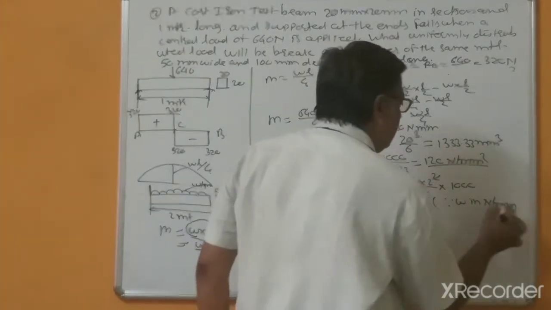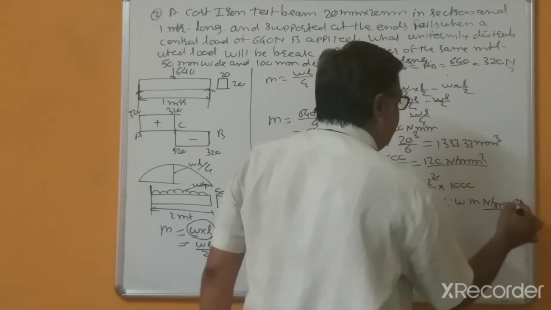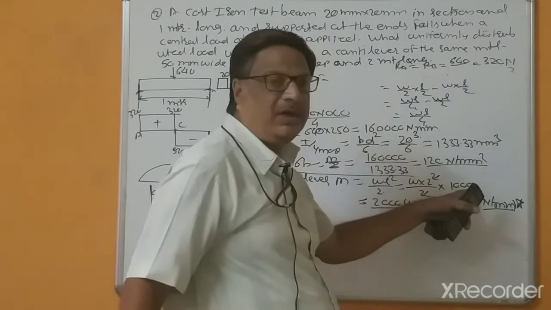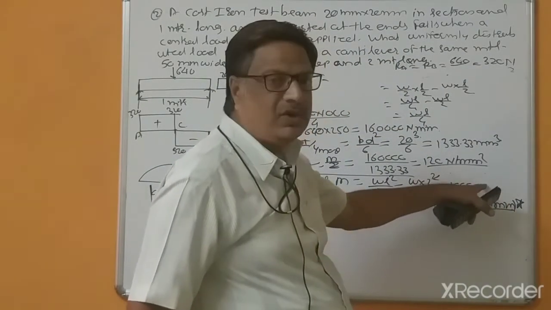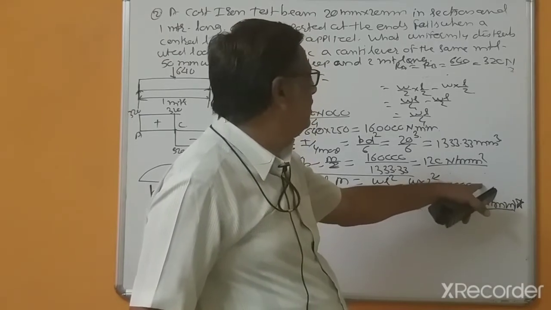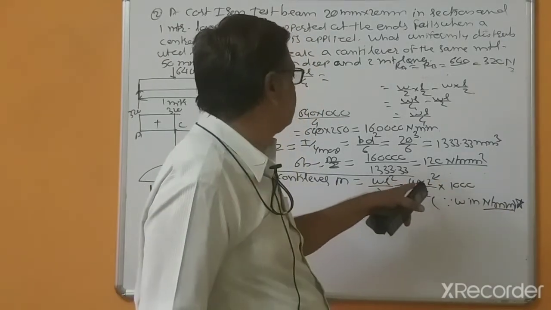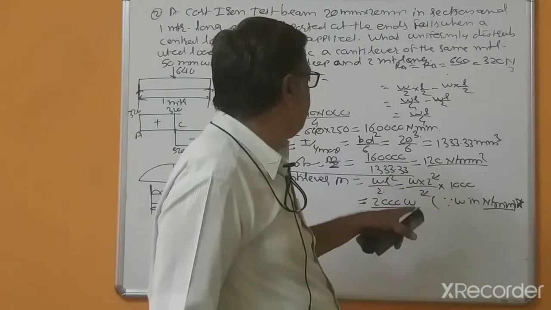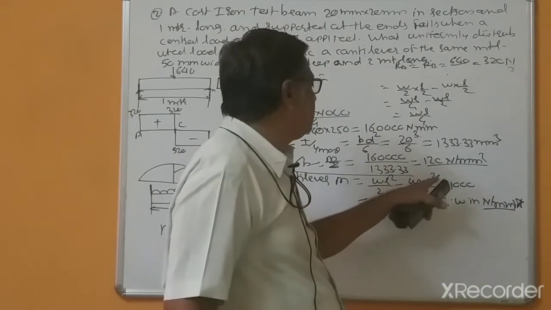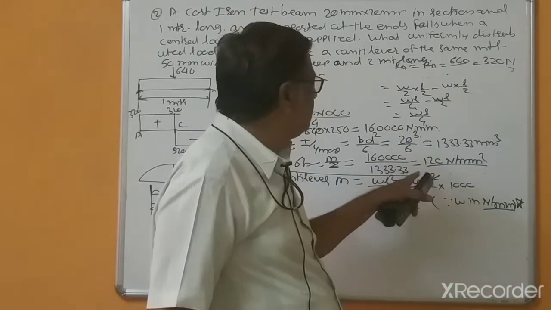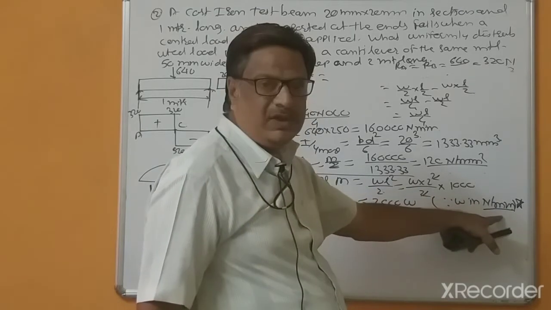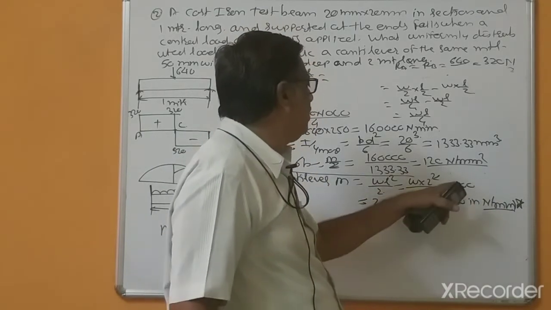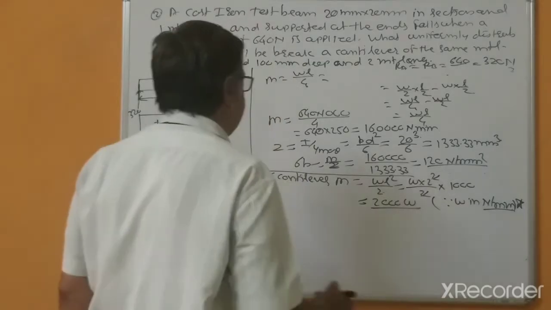This is very important. Otherwise you may be confused. Why is this multiplied by 1000? Why is this not 1000 multiplied by 1000 for conversion? Because this is W in Newton per mm and this length is in mm. So 1 mm will cancel and the remaining is multiplied by 1000.